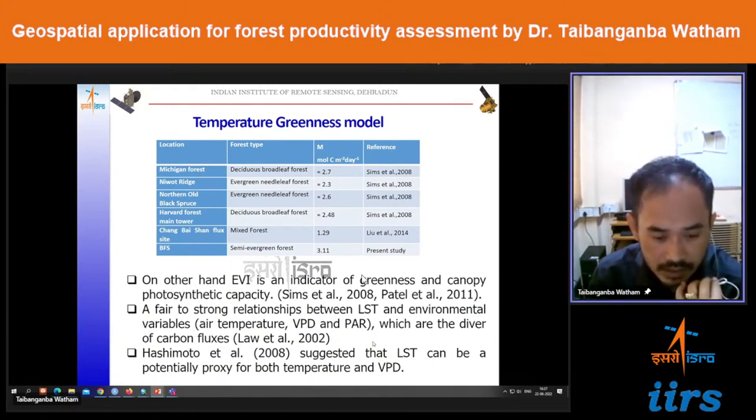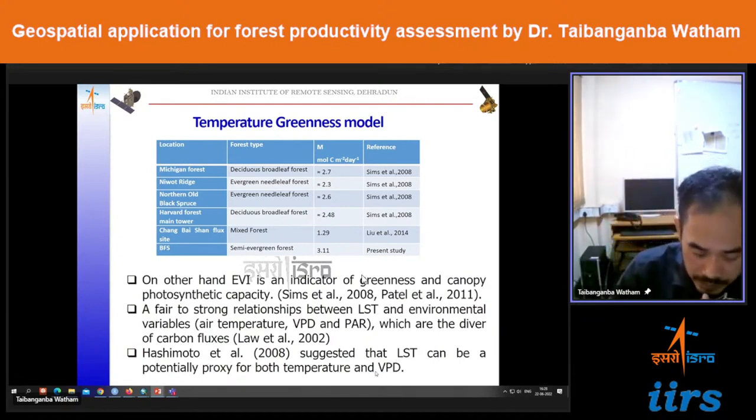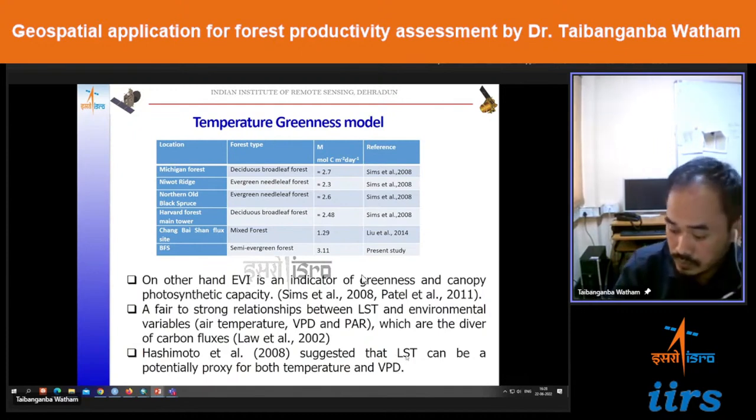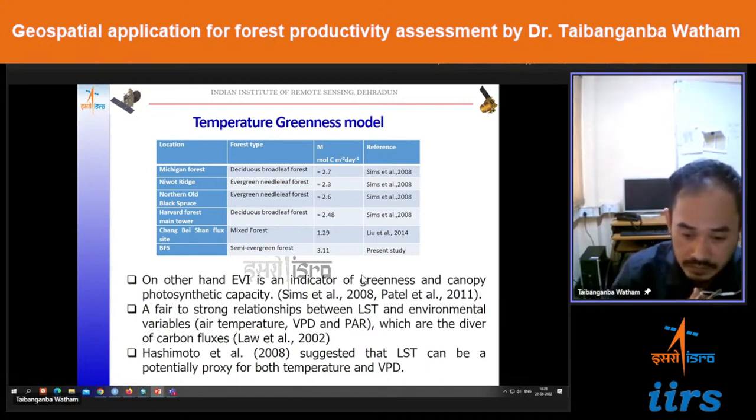The potential of LST to be a proxy of temperature and VPD has also been reported by others. If there is some temperature stress, or some stress due to moisture, this LST value will reflect that stress going on in the forest area.